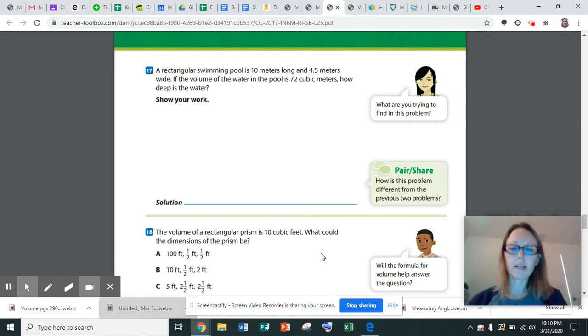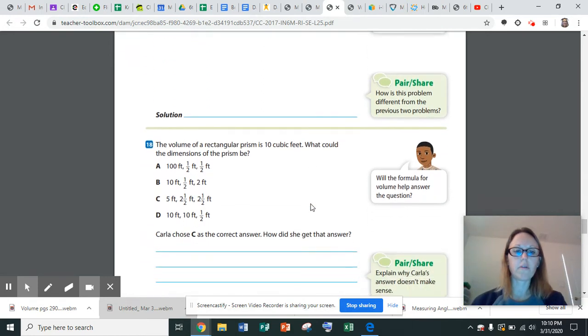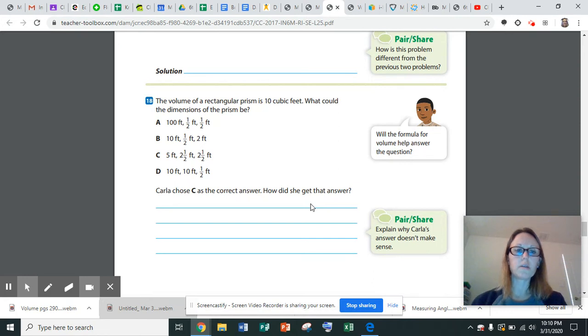All right, number 18 says the volume of a rectangular prism is 10 cubic feet. What could the dimensions of the prism be? So that's the volume, so then length times width times height.